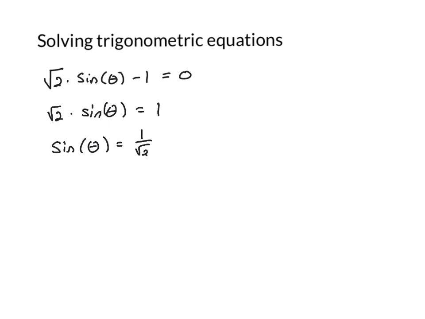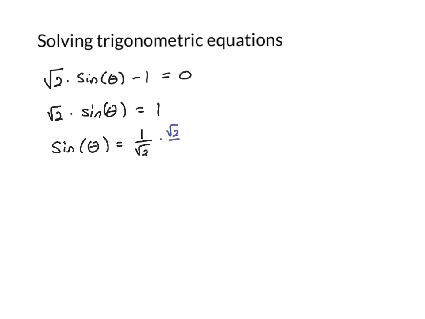So 1 over the square root of 2. This is a strange way of looking at this, but it could come up. Typically what we see with trig functions is the value of the square root of 2 divided by 2. But 1 divided by the square root of 2 is really the same thing in disguise.